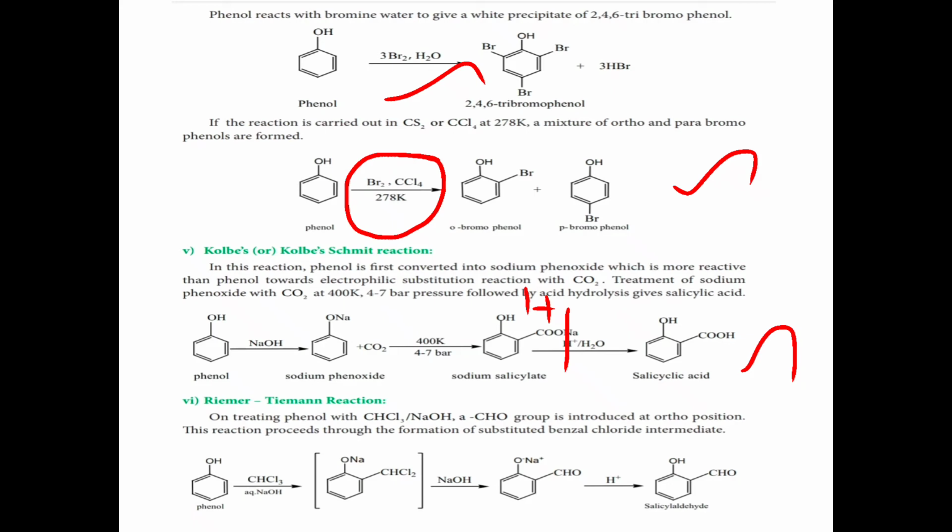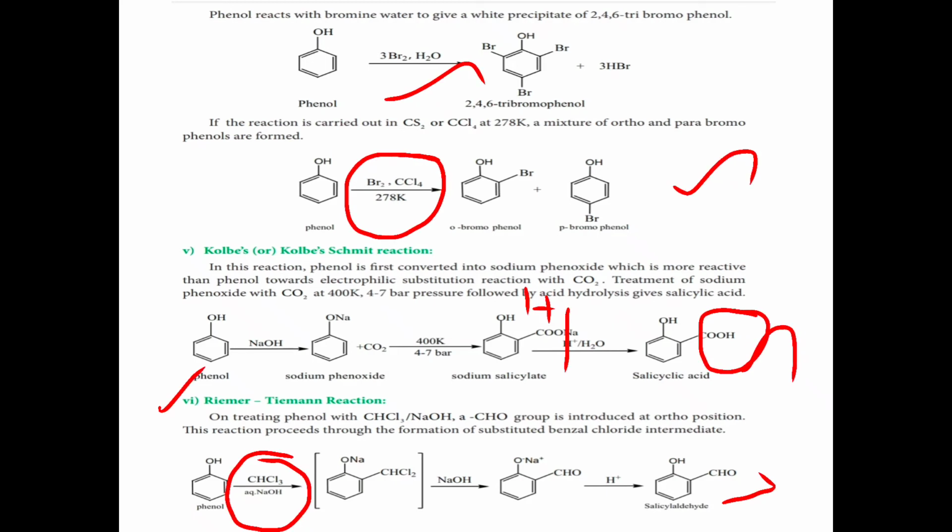And coming to the Reimer-Tiemann reaction, here the reagent is very important. Here is chloroform. What is the formula for chloroform? CHCl3, and it is a basic medium, NaOH is added. In the basic medium, the chloroform is added, and instead of a carboxylic acid group, here an aldehyde group is added in the Reimer-Tiemann reaction.